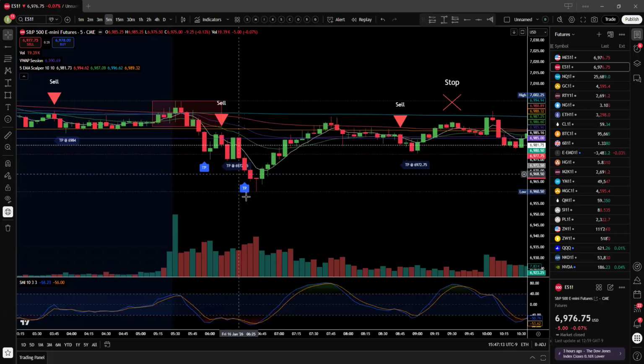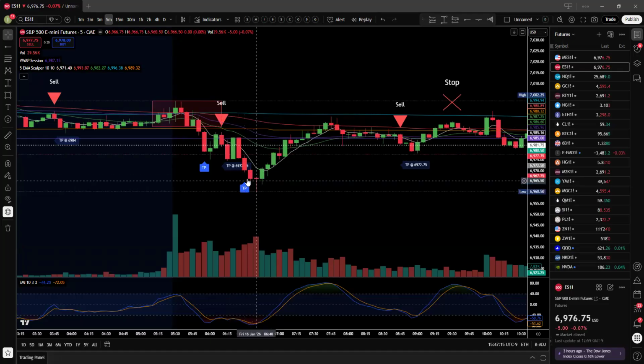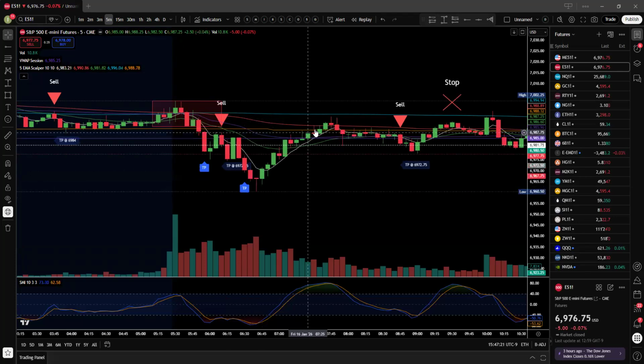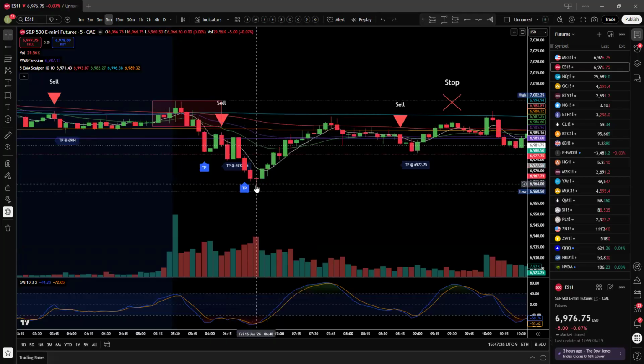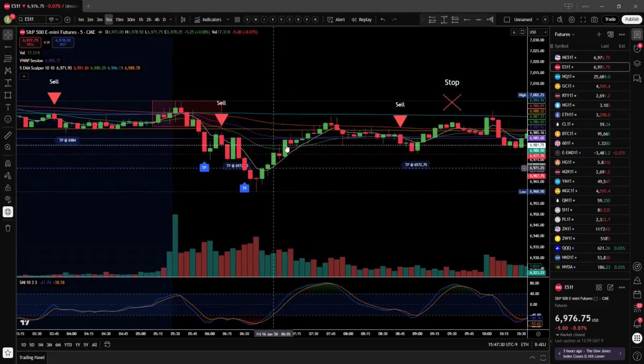This really worked out nicely because then you've got this shooting star candle here, a liquidation, and price turns right around and goes right back up. Depending on your rules, at this point you're not going to get a signal generated.